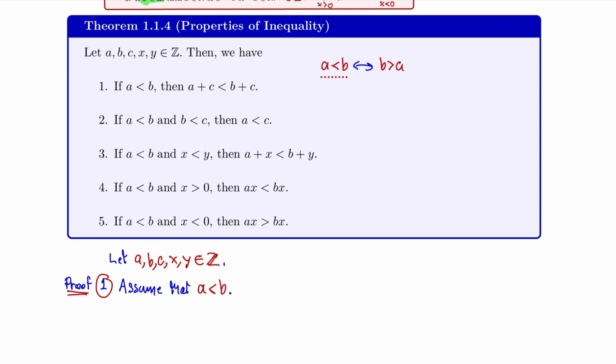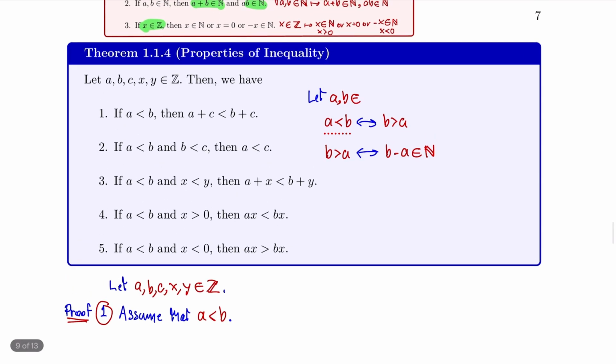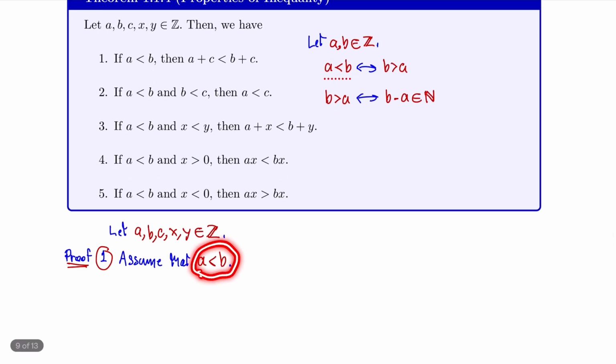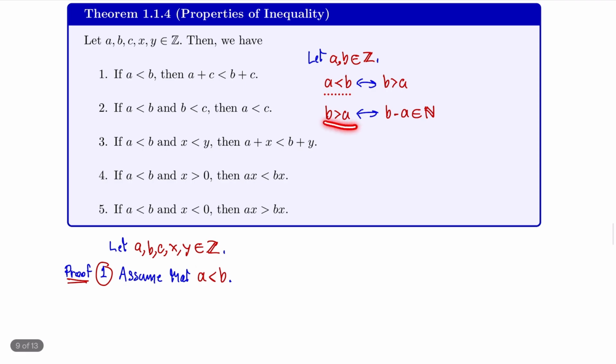And b is greater than a by definition if and only if b minus a is contained in the set of natural numbers. So for this one, we have to make sure that a and b are integers.